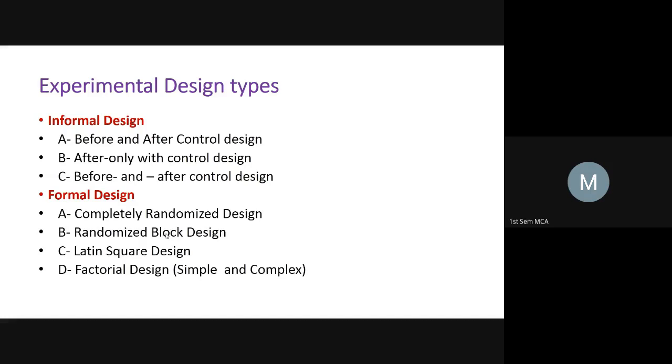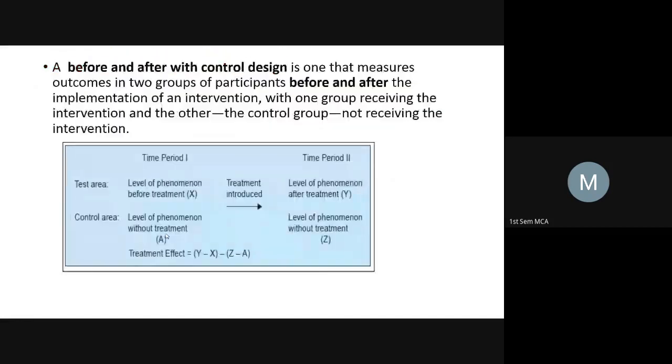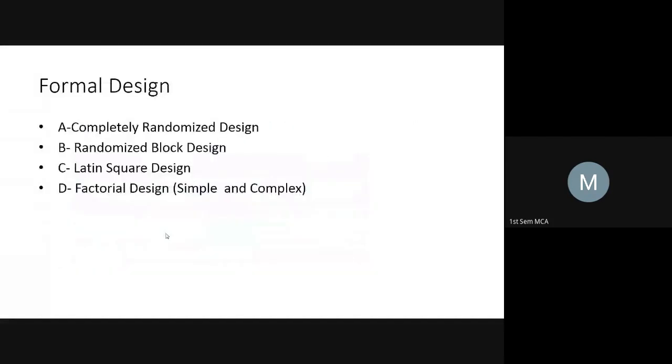So the next is formal design. In formal designs, we have four categories: completely randomized design, randomized block design, Latin square design, and factorial design. Factorial design has another two types: simple and complex.